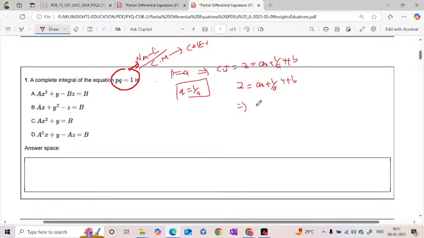After multiplying by a, az is equal to a square x plus y plus b only. After rewriting, a square x plus y minus az is equal to some constant. So option D is the correct one.